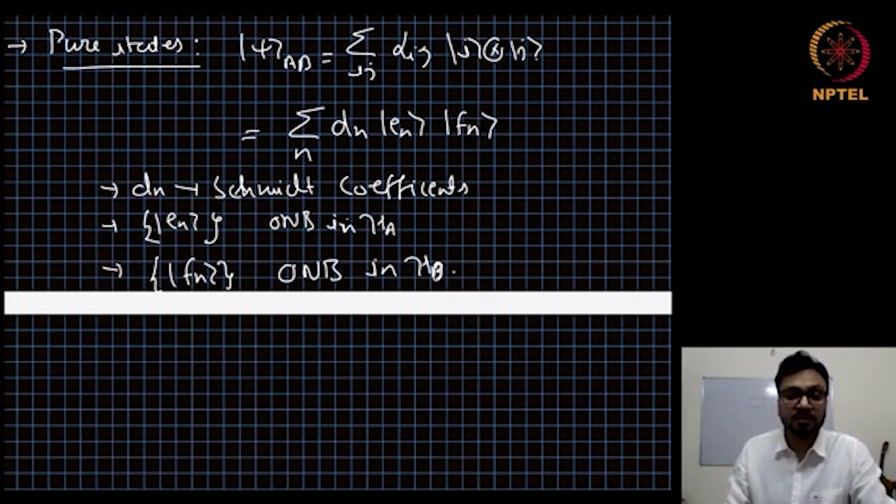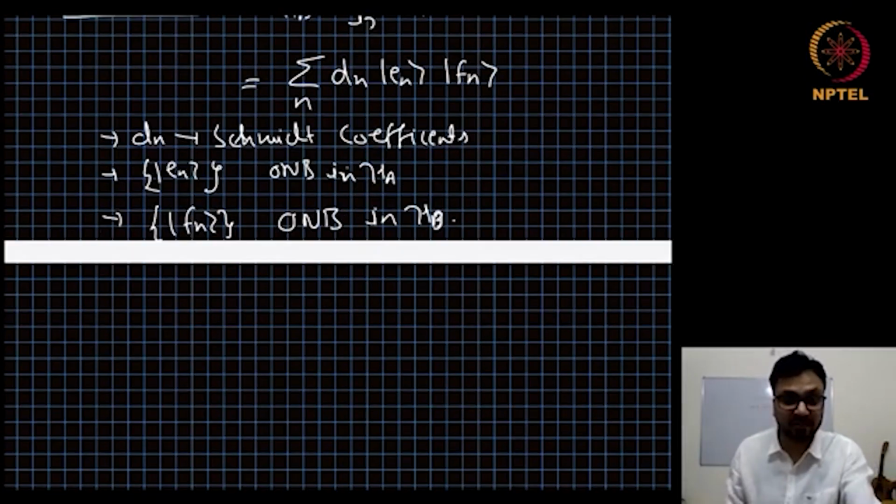So this is the Schmidt decomposition. Any bipartite pure state can be brought to this form. We have proved it and we have used it on several occasions, so I'm not going to go into details over this.